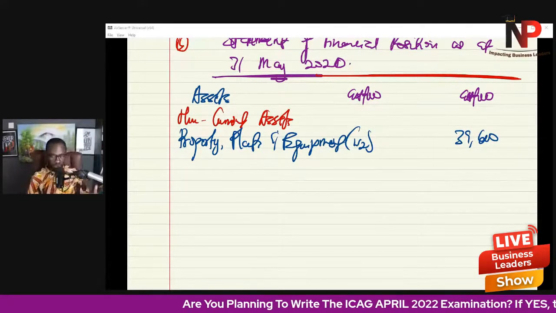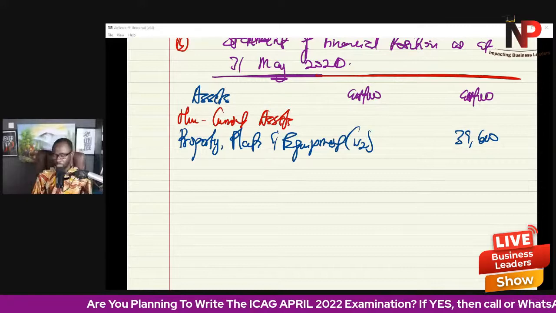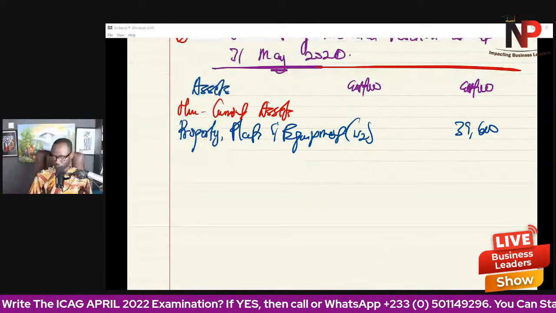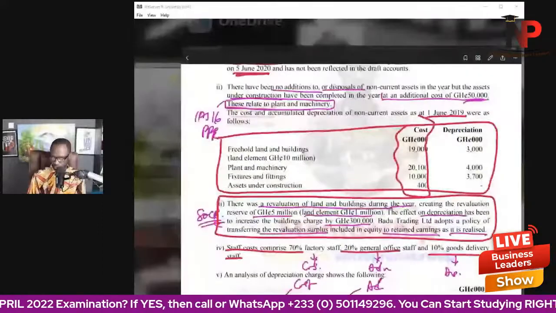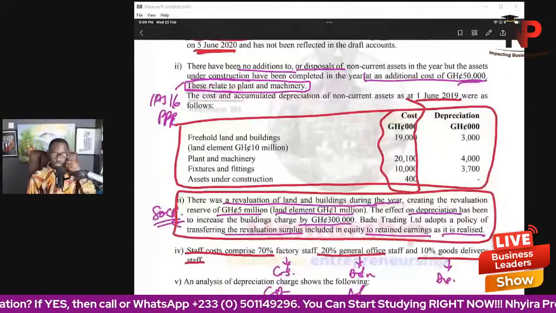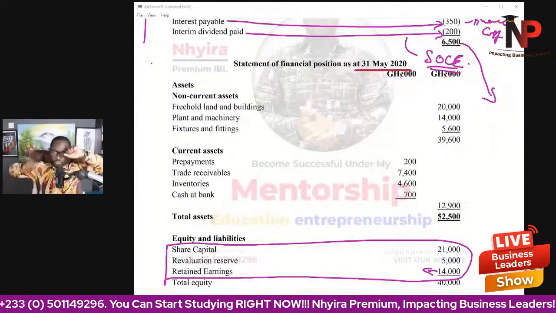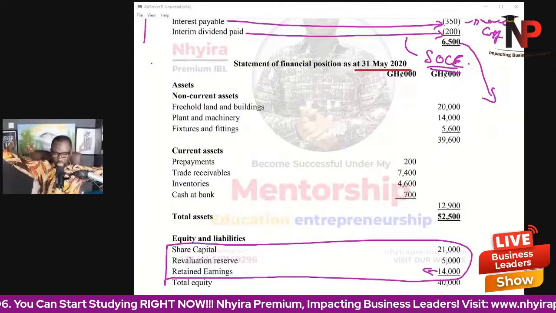Okay, so that carrying amount we bring in there in that case. Then we go back to the question. So the freehold, the plant and equipment, the fixtures and fittings, we have bundled all that up.